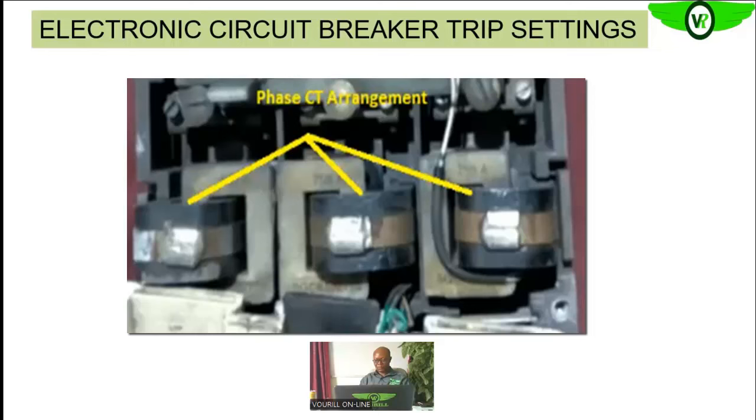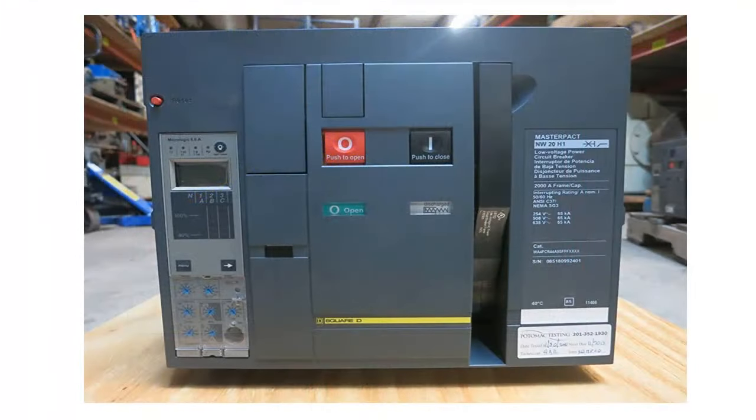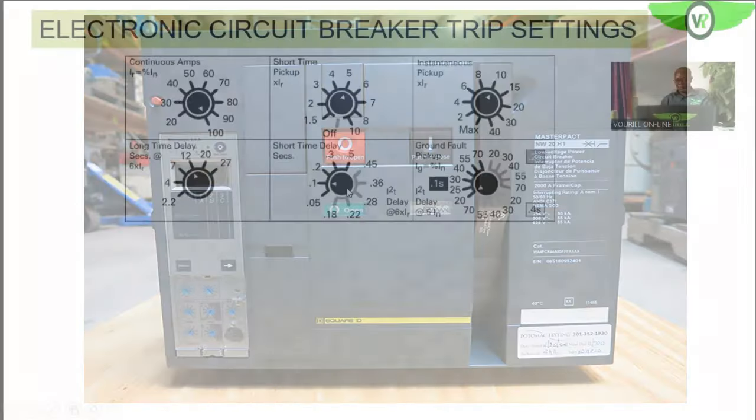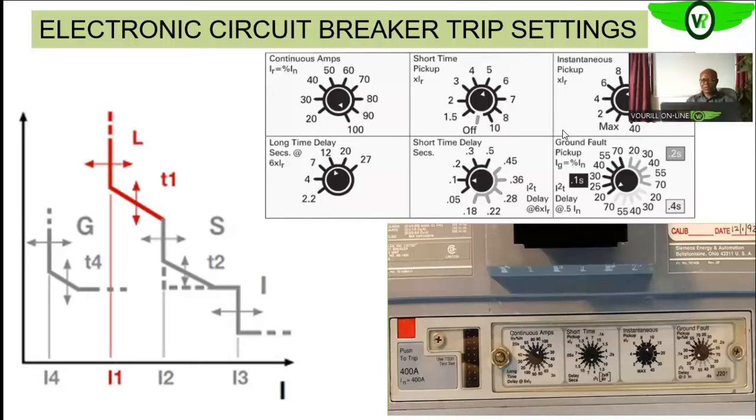And then we have sensors, current transformers, in line with our circuitry that monitor the amount of current flowing through the circuit. So these sensors feed into the microprocessor what is actually happening in the circuitry as regards the amount of current. So let us look at the electronic breaker's trip settings.